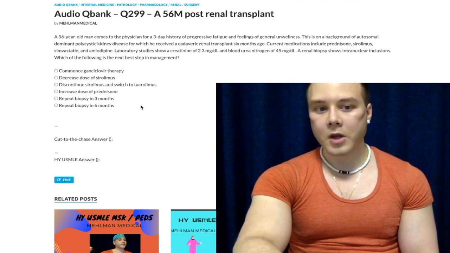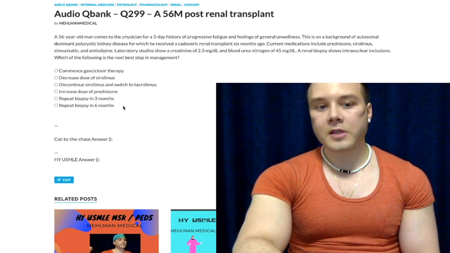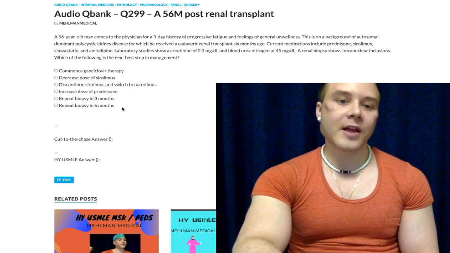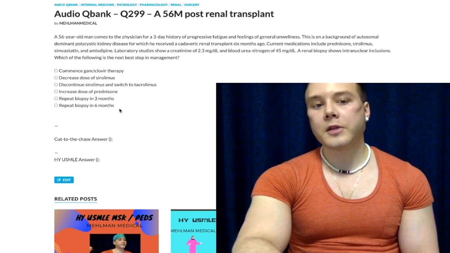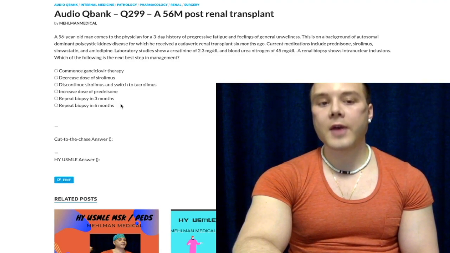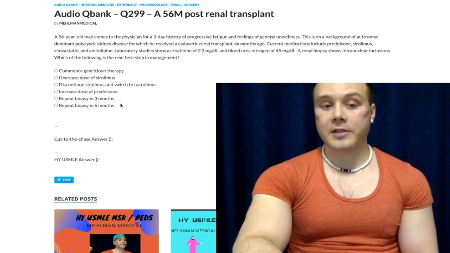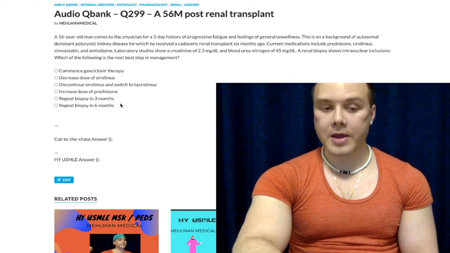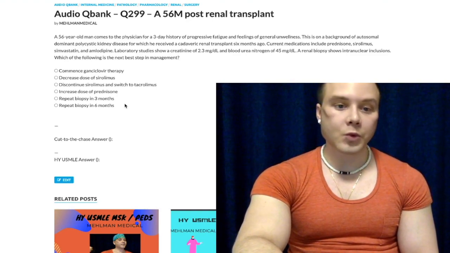Let's go backwards. Repeat biopsy, 3-6 months. Both of these, wrong answers. Why did I do this? This is not for my entertainment. This is not to be clever or cool. This is because you will see these on USMLE Step 2 CK for breast cancer classically, okay? Where you'll be like, is it 3 months, 6 months?